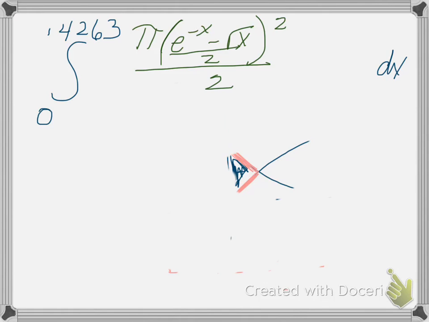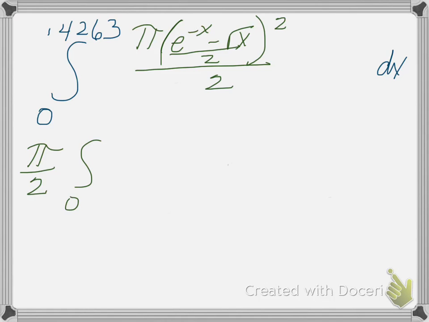So just rewind if you're confused by how I got all that. Okay, so this is going to be confusing for you to put in your calculator, so remember you can always pull the constant out to the front of the integral. So I would recommend pull out the pi over 2 and then rewrite the rest.